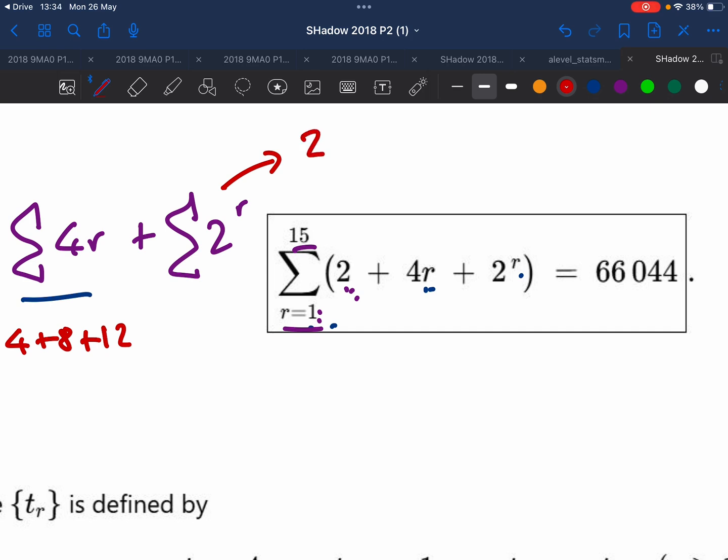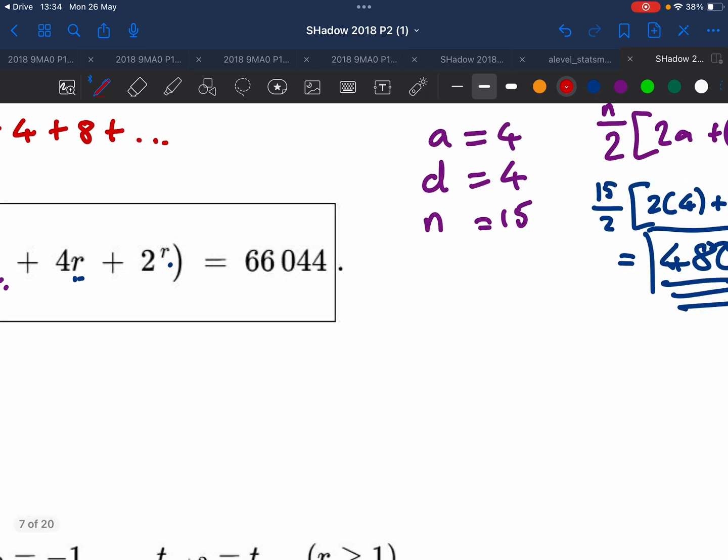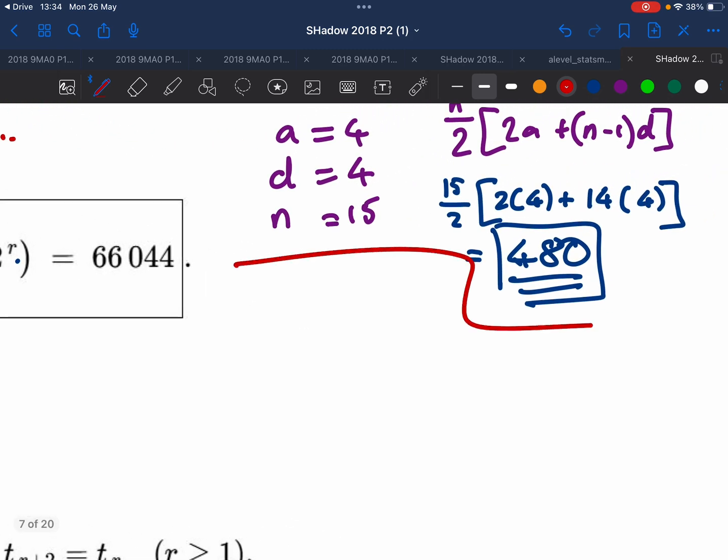When r is 2, it's 2 squared, so it's 4. Remember, we'd be adding them all together because of this symbol here. The next one is 3, so it's 8, and so on. So what kind of sequence is this? This is a geometric one, so we're going to work that one out over here as well.